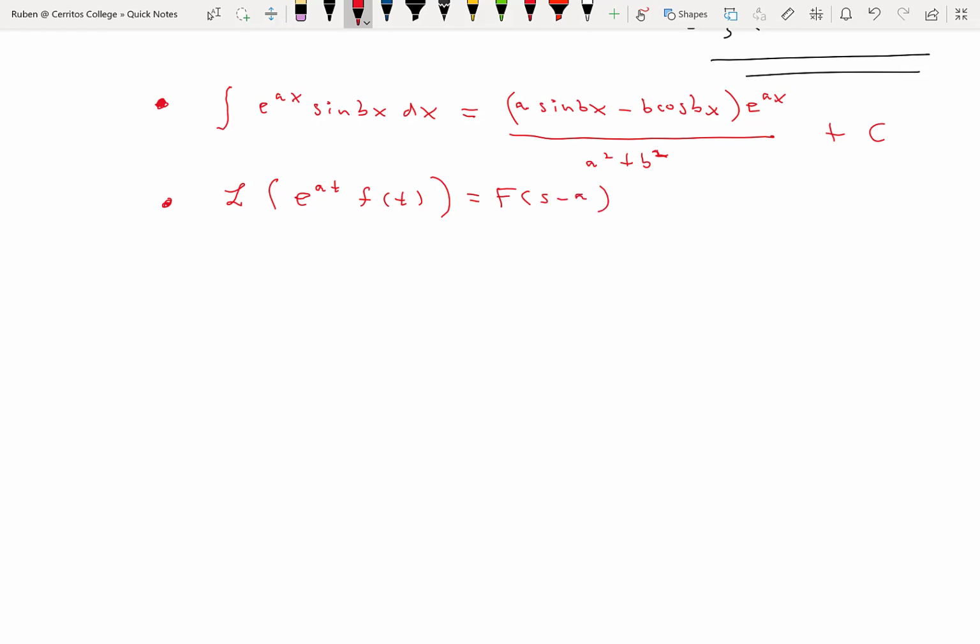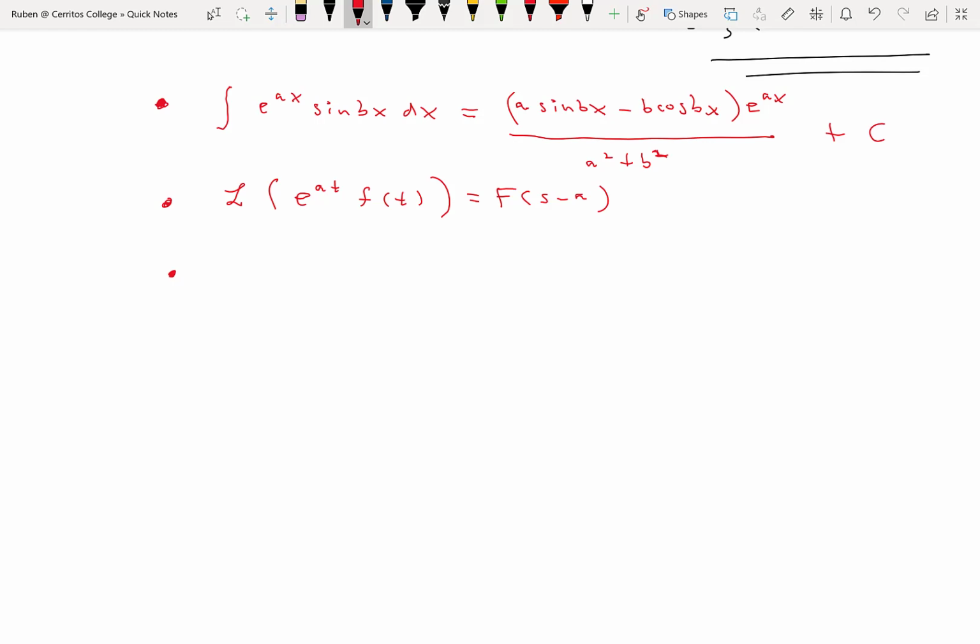So multiplying by e to the at in the t domain amounts to a shift to the right in the s domain. You mathematicians will hear this statement when you go further with differential equations.